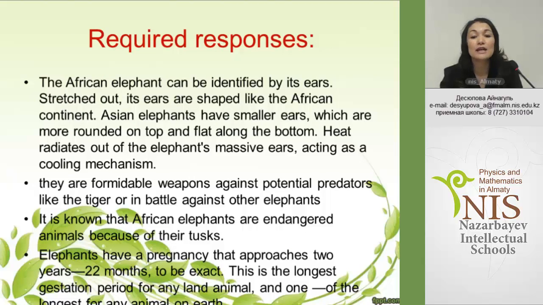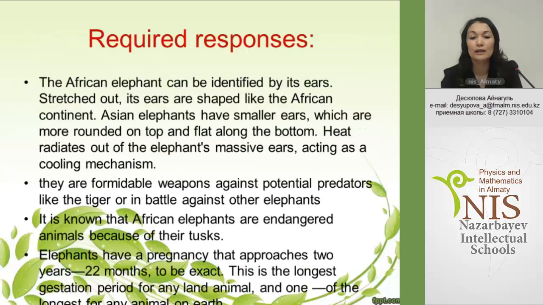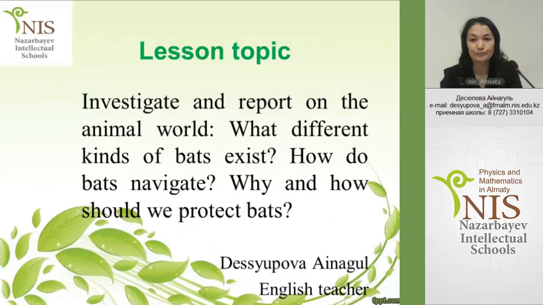It's known that African elephants are endangered animals because of their tusks. And the last question was about pregnancy period of female elephants. Elephants have a pregnancy that approaches 2 years, 22 months exact.